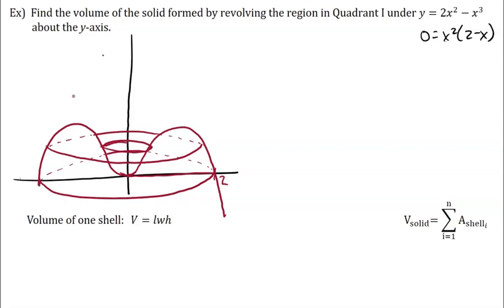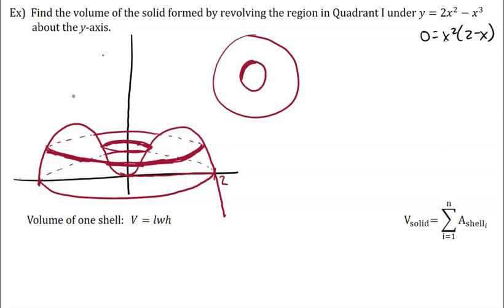And so I can see that one slice appears to be in the shape of a washer. So let's slice that and try to label one slice.